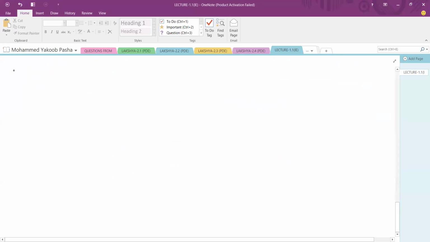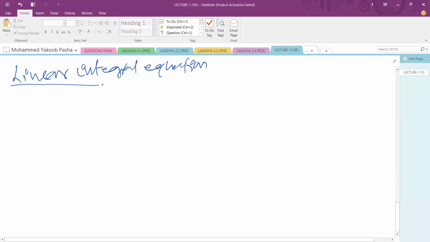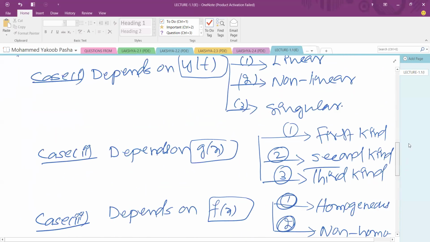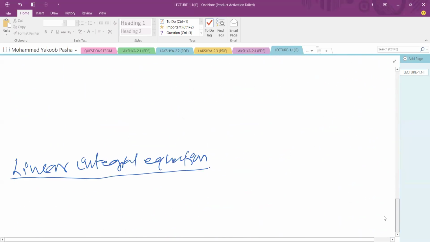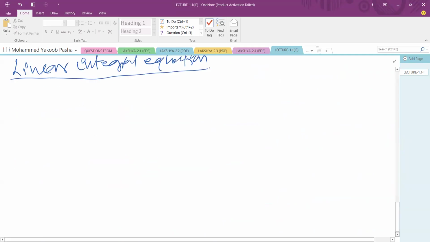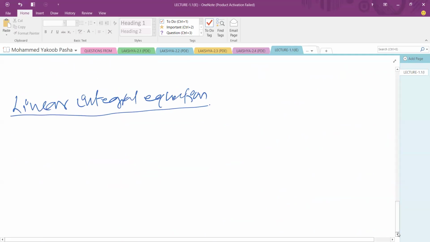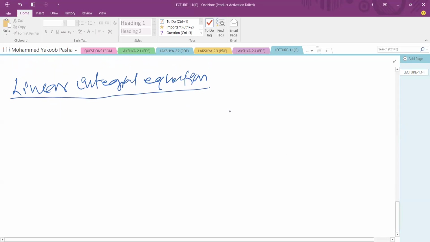Linear integral equation. Already we know that linear integral equation depends on y of t. That means the unknown function in the integral equation is in linear form. That means y of t is in linear form, then that integral equation is called a linear integral equation.